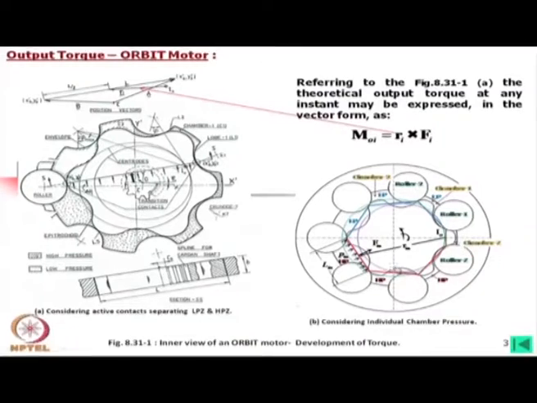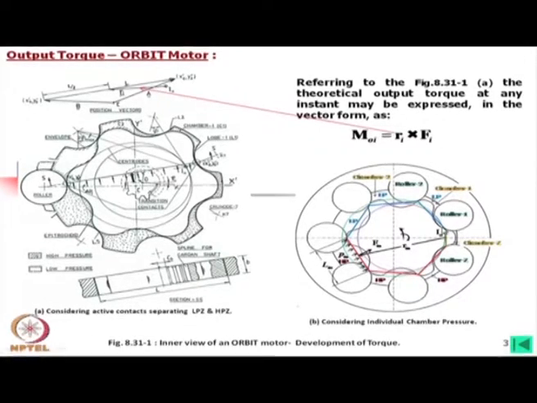Now, instead of considering the beam like this, we may also consider all the contact points joined together, and in that case we will get 7 such lines, which are obviously not equal in length.